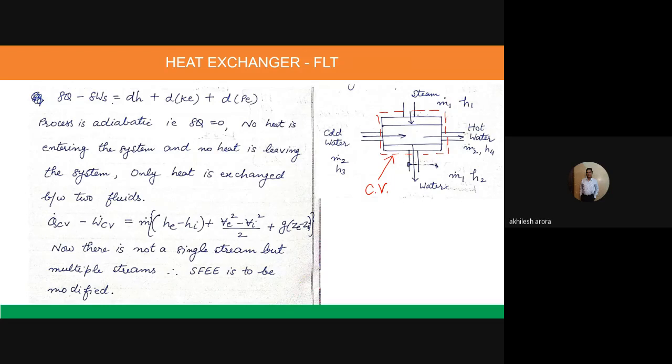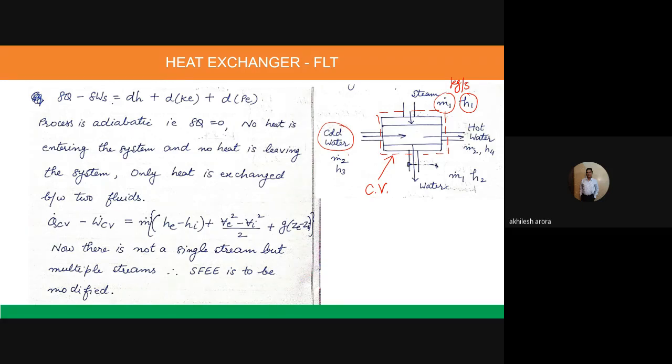Now, let us try to give some names to the various things. For example, I can say m1 dot. That means this much mass flow rate of the steam, in kg per second, is entering the shell, and its enthalpy is h1. On the other side, we have the cold water.